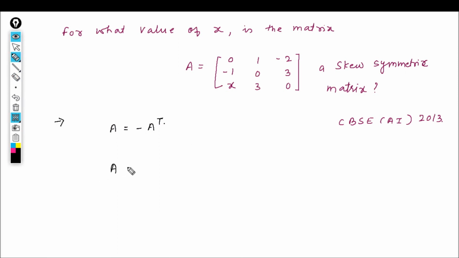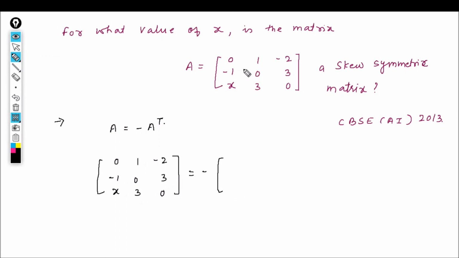A is equal to, what is A matrix, बच्चों? We'll write A matrix. 0 minus 1 x, 1 0 3, minus 2 3 0, is equal to minus transpose of this matrix लिखना है.